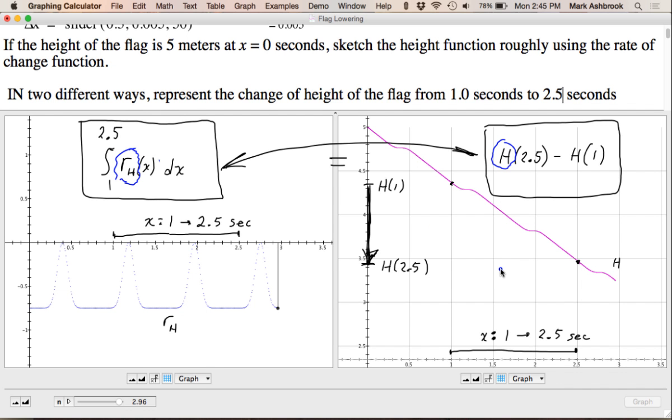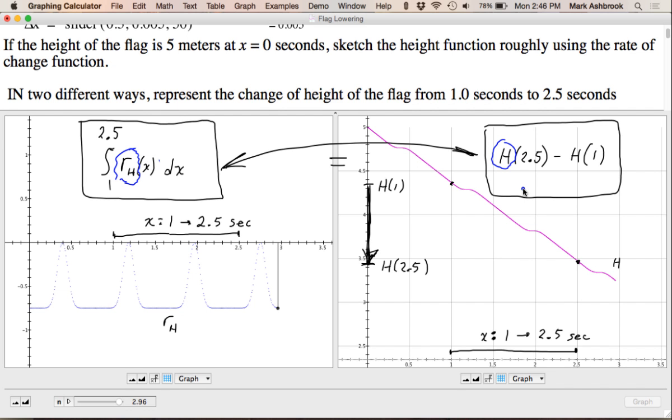Okay, so we can start by saying that r sub h is the derivative of h because it's this rate of change, right? So r sub h is the derivative of h. Therefore, as he said, h is the antiderivative of r sub h. So a quantity function is an antiderivative of its rate function, right?